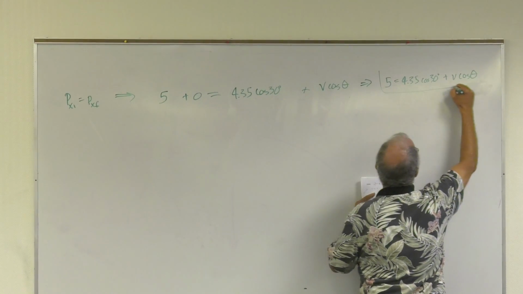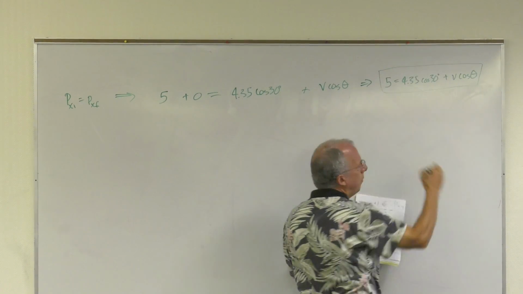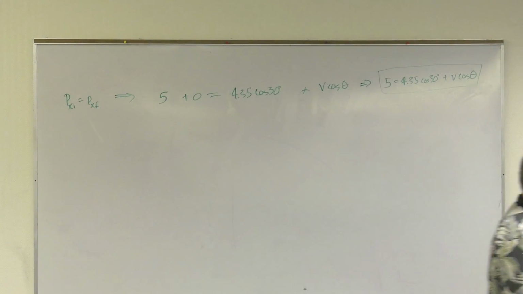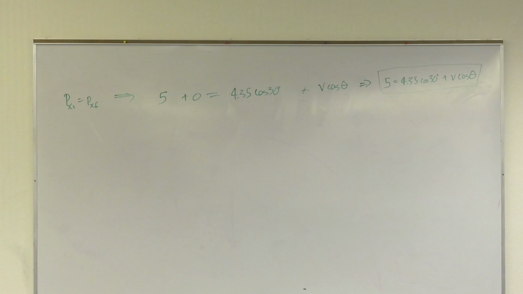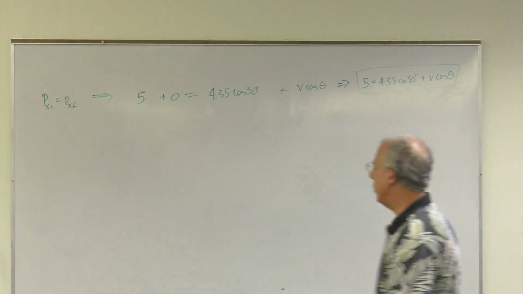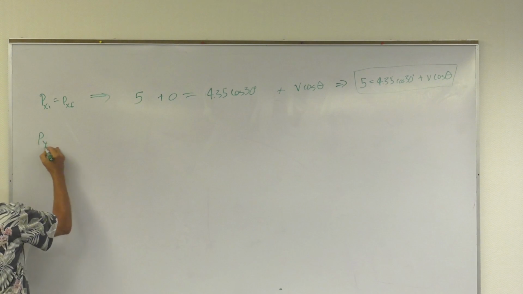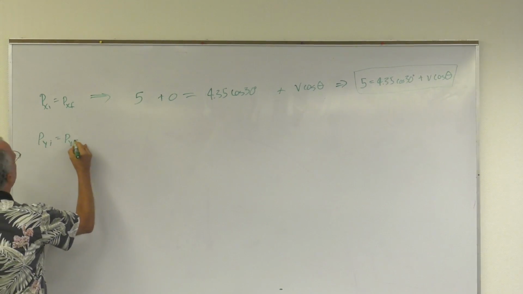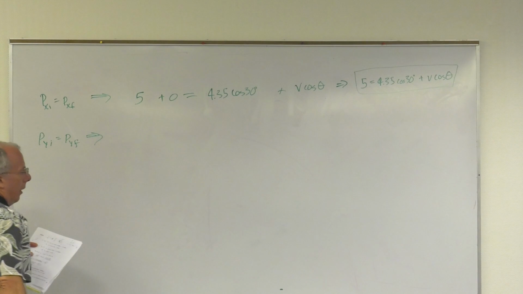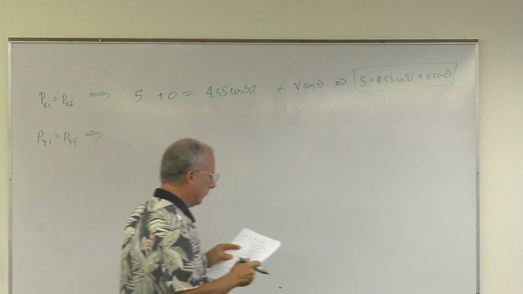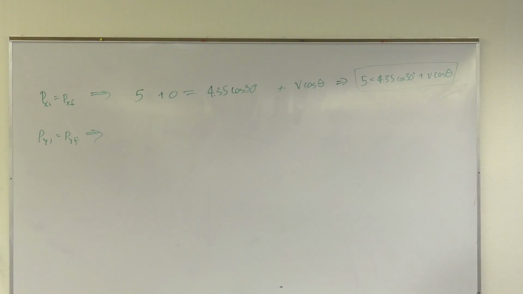Awesome. And you know what, we have 2 variables, right? We have the velocity and the theta. So you're going to have two equations, two equations to two unknowns. Okay, Py initial equals Py final. Remember this is the y.